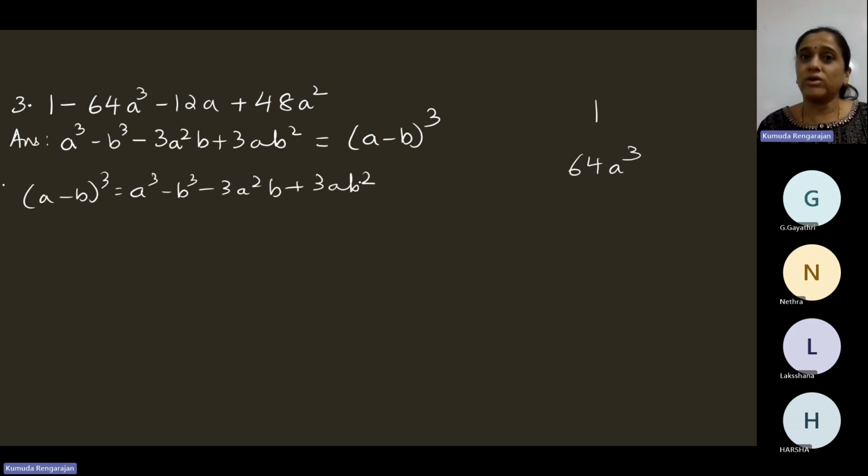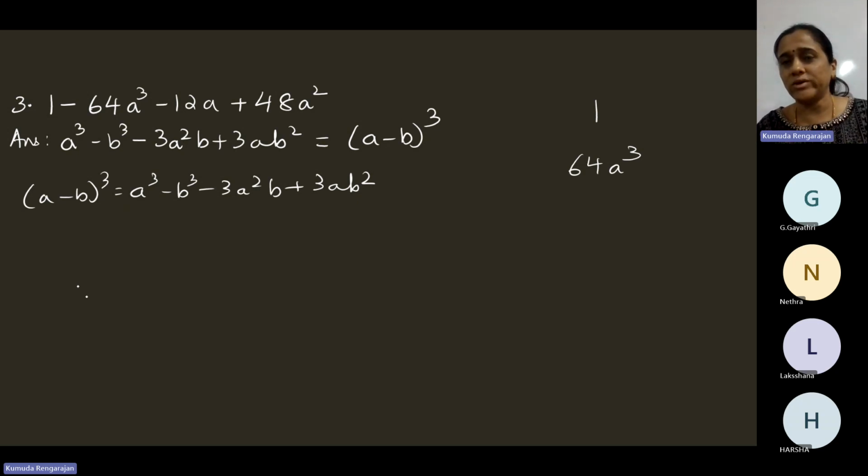But when you have to use an identity to factorize, you write the identity in such a way that the LHS of the identity is equal to the given expression. You can change the sides and write.